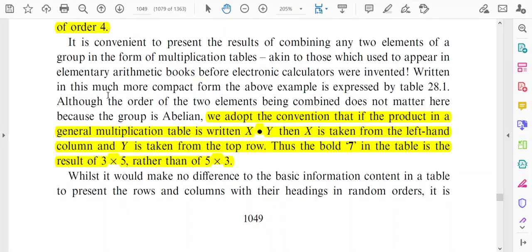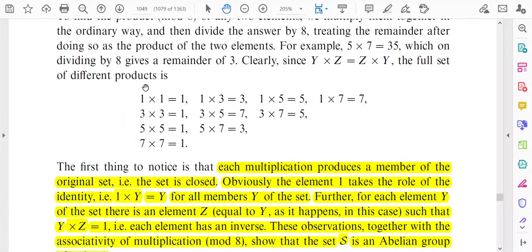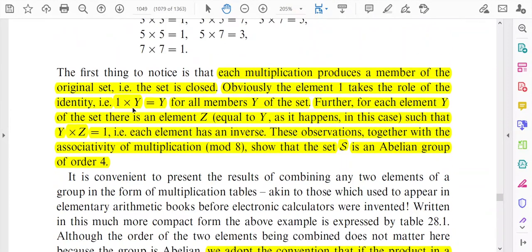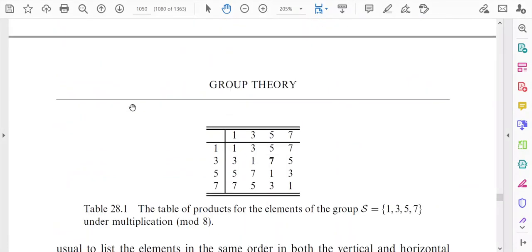Written in this much more compact form, the above example is expressed by table 28.1. That is, here we have multiplied different elements of the group. This multiplication can be represented in the form of a table. So this is the table 28.1. You see that the table has been arranged in this way: just look at the header.